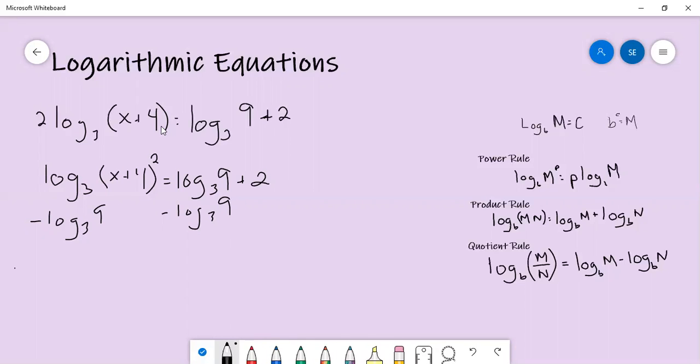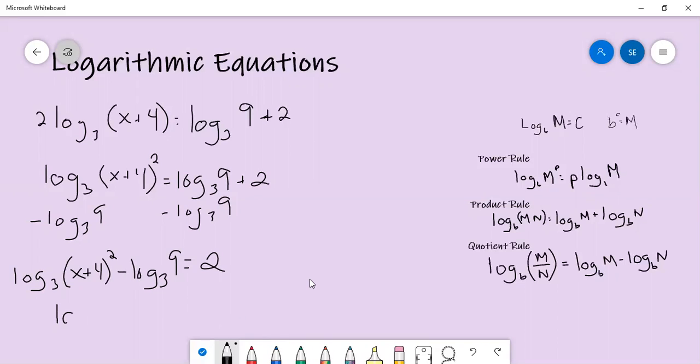So this is log base 3 of x plus 4 squared minus log base 3 of 9 is equal to 2. Okay, now I can use my quotient rule in reverse to get the left hand side of my equation as a single logarithmic expression.